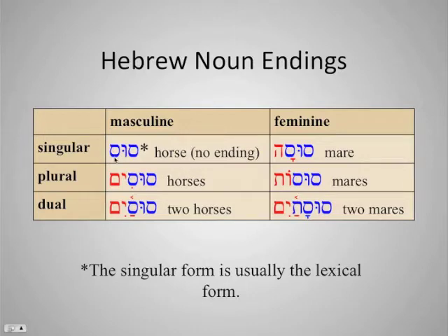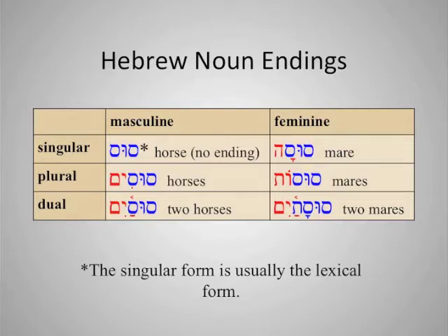So masculine singular, again, sus, it's known as the absence of an ending. Masculine singular has no ending. Next, we move to the feminine singular ending. And the feminine singular ending is a qamets he vowel added to the end of a noun. So note, we still have our regular noun here, sus, samek, shurik, samek, and to the end of that is added a qamets he.